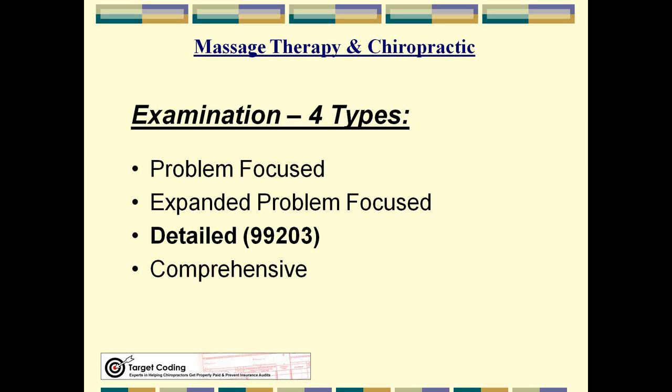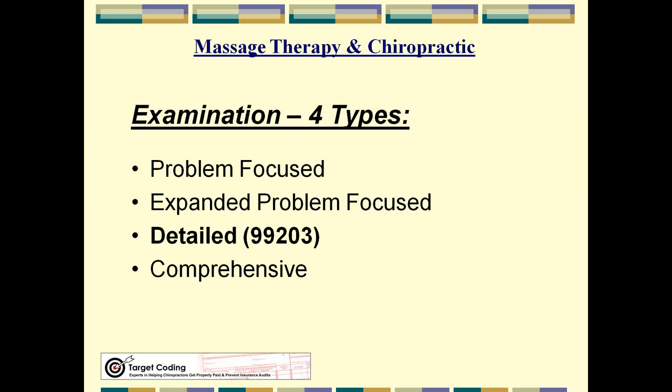So we have range of motion. We have assessing for asymmetry and joint laxity and subluxation. We have assessing for pain and tenderness, postural evaluation, tissue and tone changes, muscle spasm, muscle weakness, the skin. If you see a rash or a lesion on the patient's neck or back, that counts as a finding.